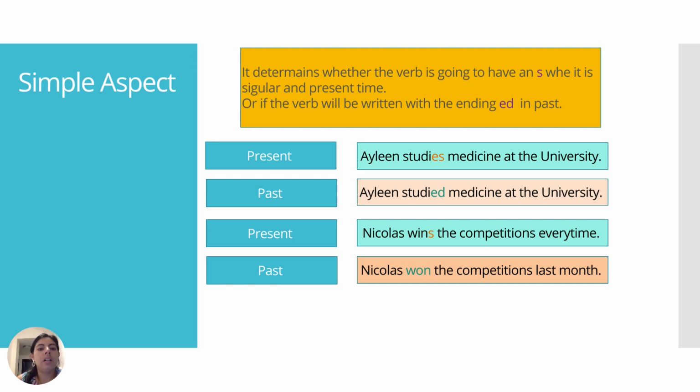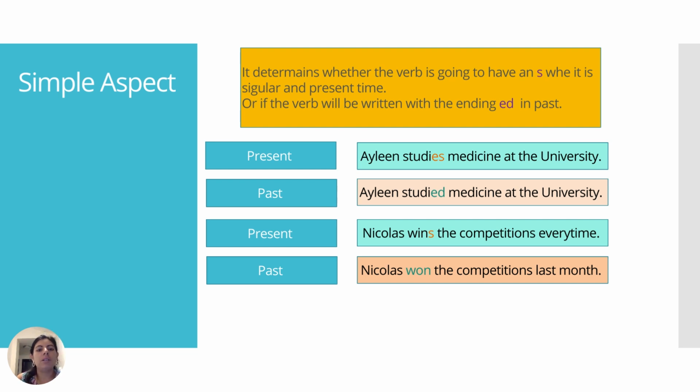For example, in the present tense, we say Eileen studies medicine at the university. So this is a present situation, and it is a situation that is continuing. She is doing an action that is going to continue.